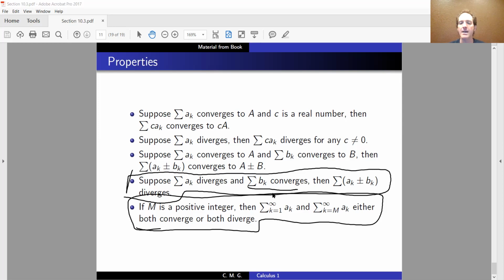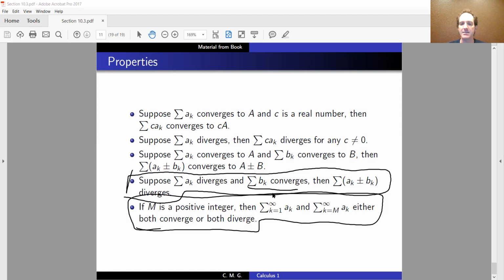if it's not convergent already. On the other hand, if the sum from 1 to infinity is convergent, well, then so is the sum from m to infinity, because the sum from m to infinity doesn't have as many terms. So certainly it's not going to blow up because I've thrown out a finite number of things, right? And so here, they're either both convergent or both divergent.